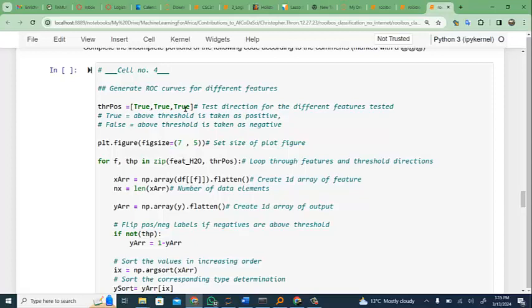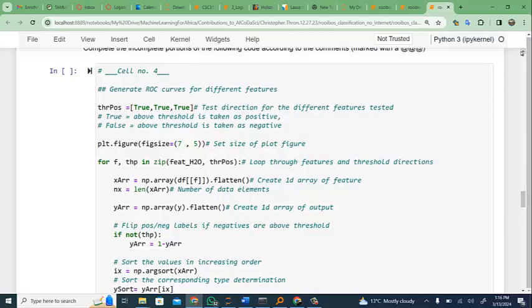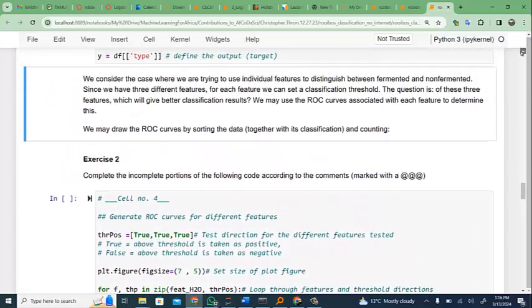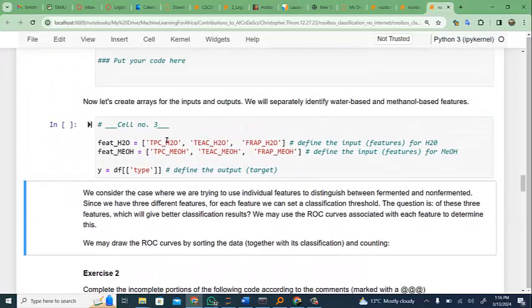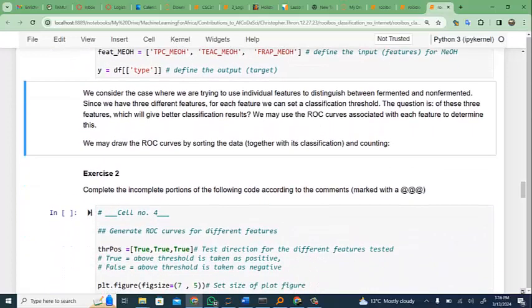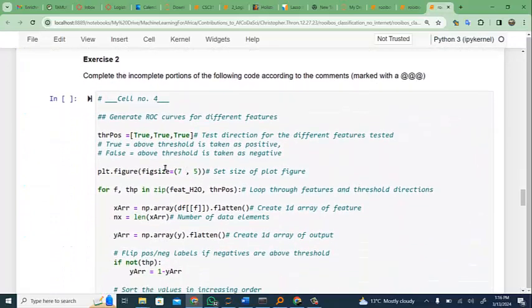So that means the first feature is associated with the first threshold direction. The first feature was TPC-H2O. The second feature, TEAC-H2O, will be associated with the second threshold direction, and the third feature will be associated with the third threshold direction. And those specific values will be represented by F and THP.